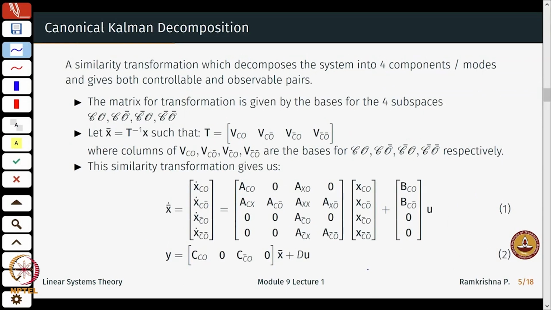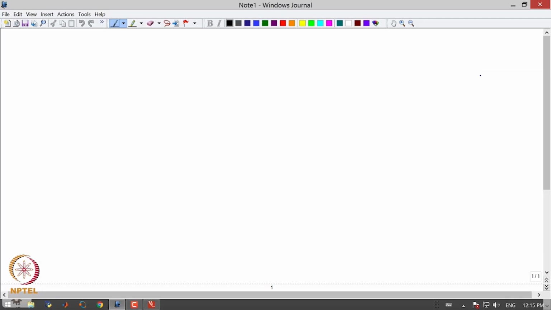Okay. So this canonical Kalman decomposition would give us a similarity transformation which decomposes the system into its 4 components or modes and gives both controllable and observable pairs. So we know what is the transformation that gives us a controllable decomposition, that is, if I say XC bar, let me write this all over here again.